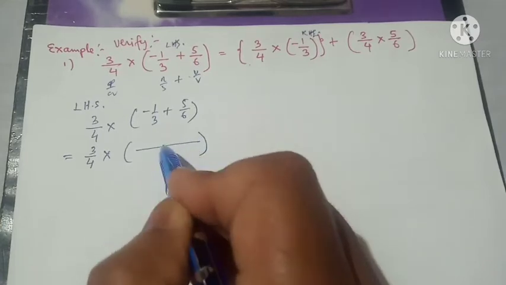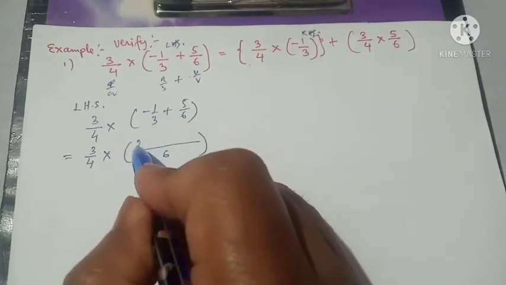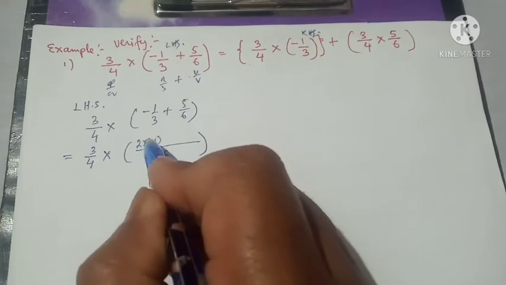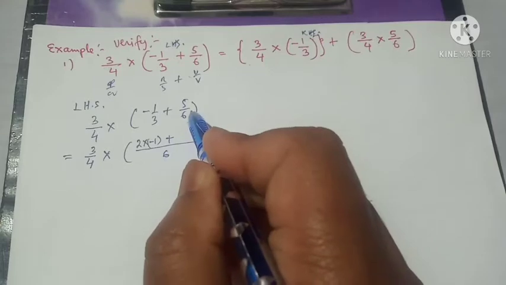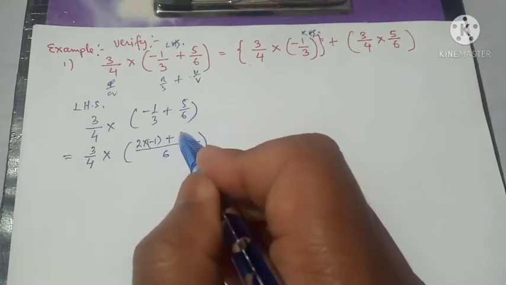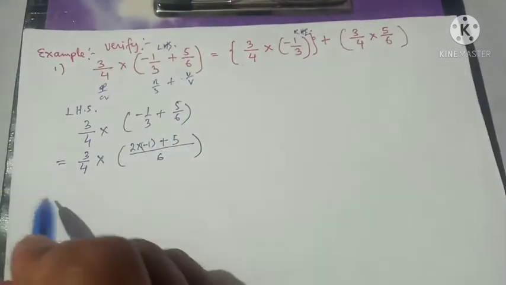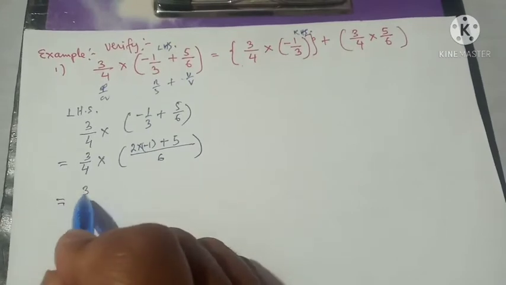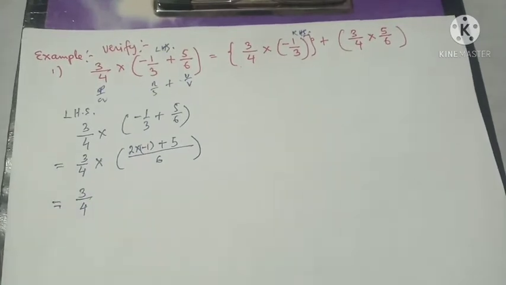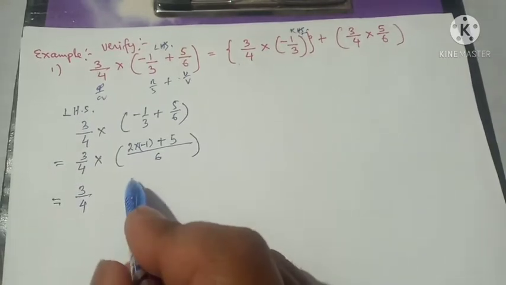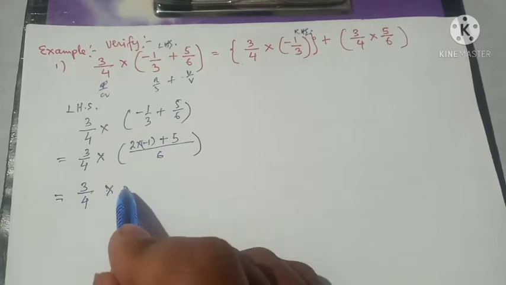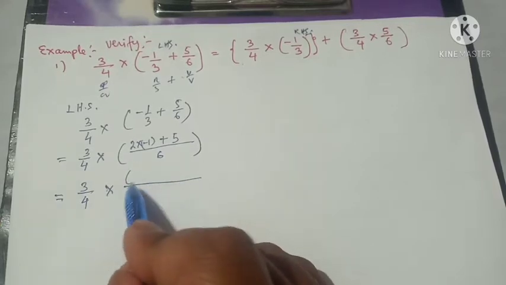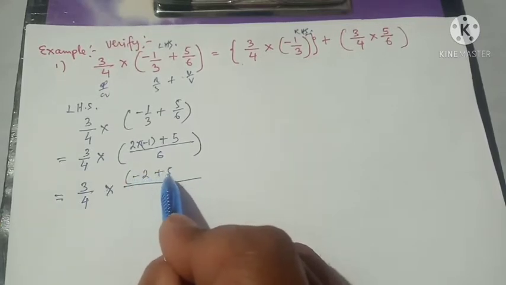If you divide 6 by 3, the answer is 2. 2 into minus 1, plus 1 into 5 is 5, all over 6. So here it comes 3 by 4 into minus 2 plus 5 by 6.